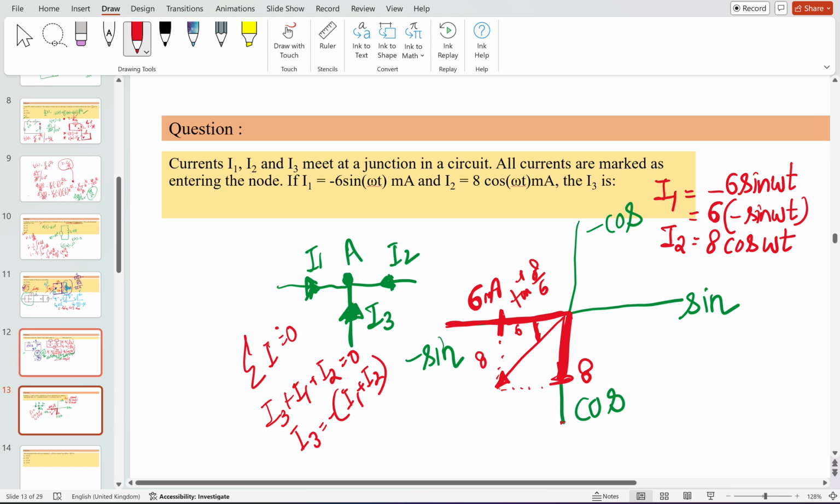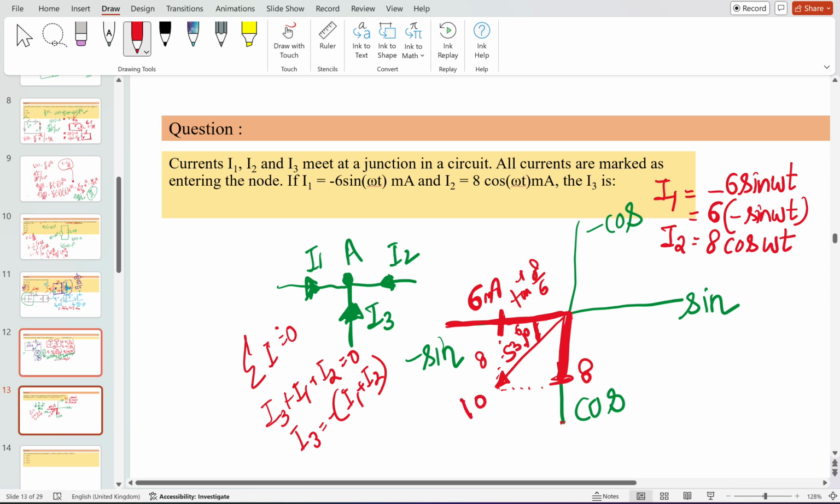Tan inverse of 8 divided by 6 is coming 53.13 degrees. And what is the equivalent magnitude? 64 plus 36 under the root, means 10.